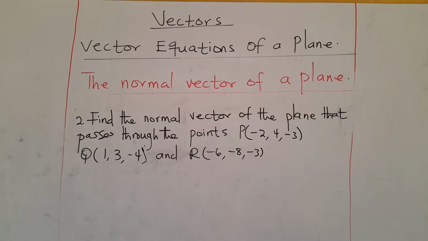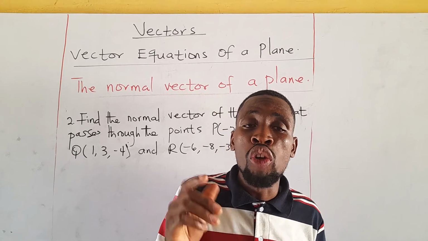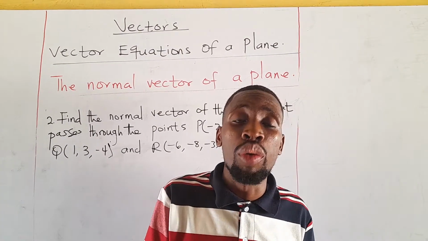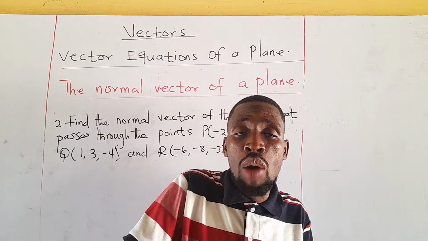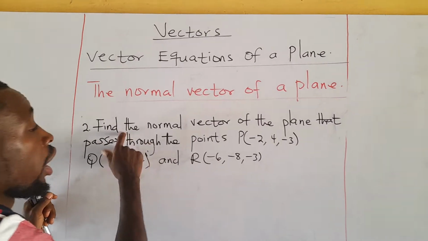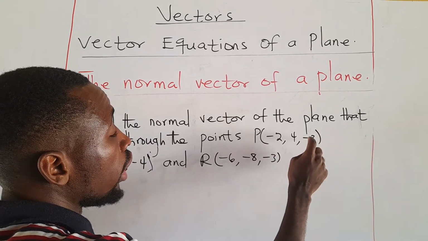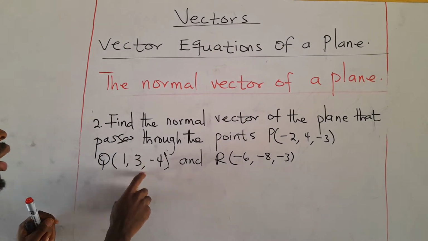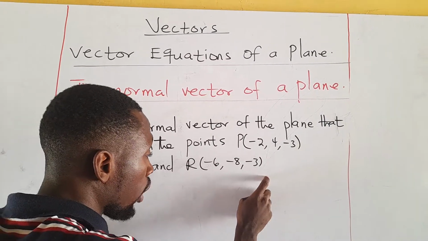So we said that in order to be able to find the vector equation of a plane, the normal plays a very essential role. So let's solve one more question on finding the normal of the plane. So we say find the normal vector of the plane that passes through the points P, negative 2, 4, negative 3, Q, 1, 3, negative 4, and R, negative 6, negative 8, negative 3.